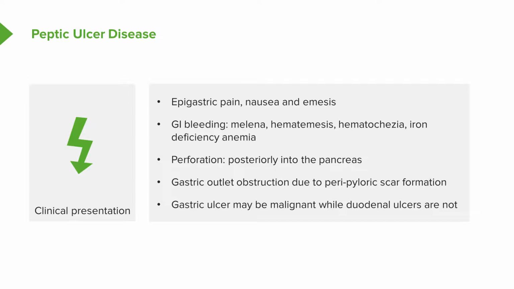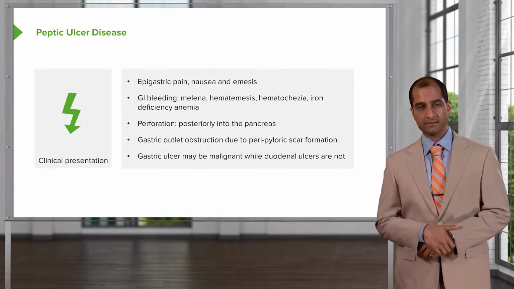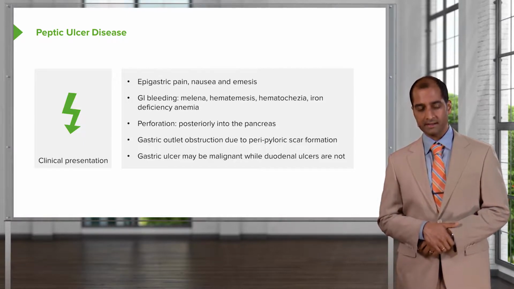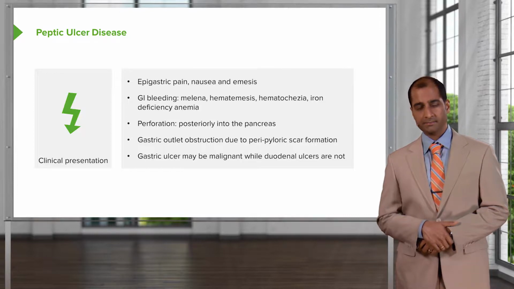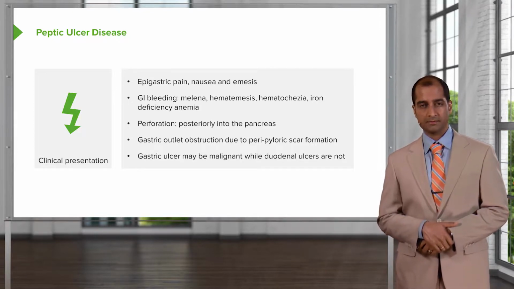Gastric ulcers may be malignant, while duodenal ulcers basically never are. Once again, with peptic ulcer disease, keep in mind that if it's the stomach, you should be thinking there's a possibility of a primary gastric cancer developing. In duodenal, almost never.